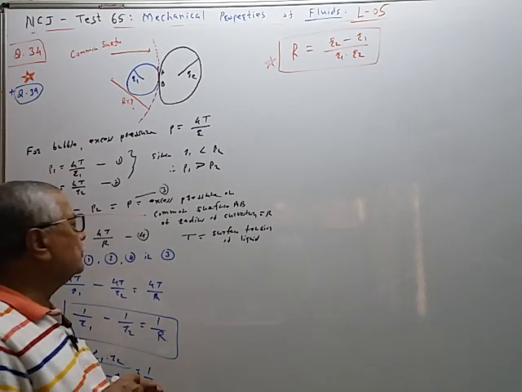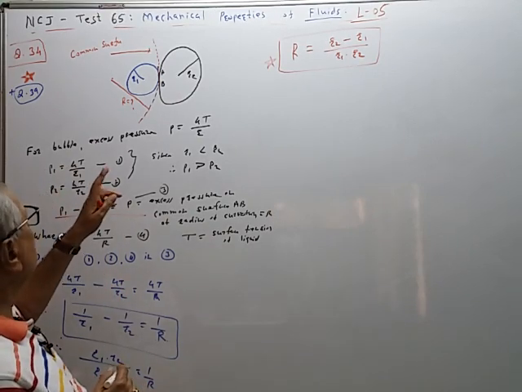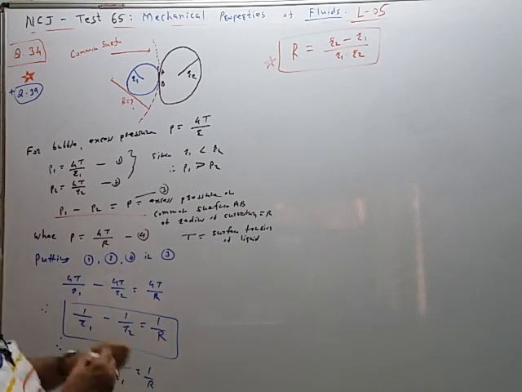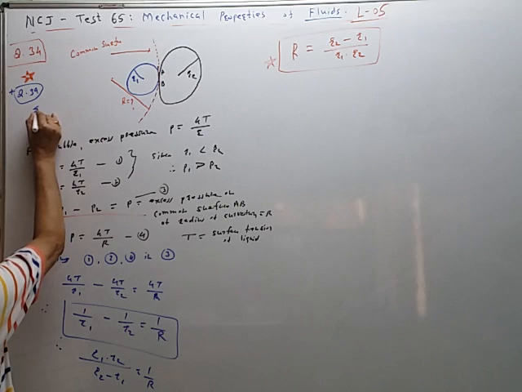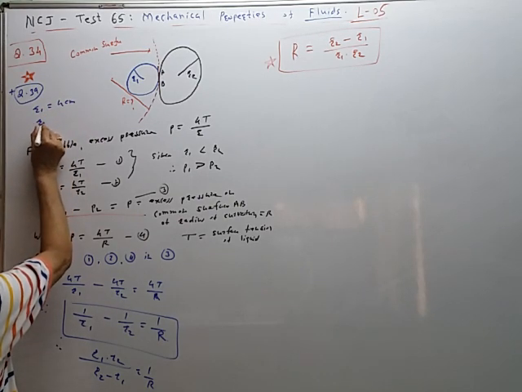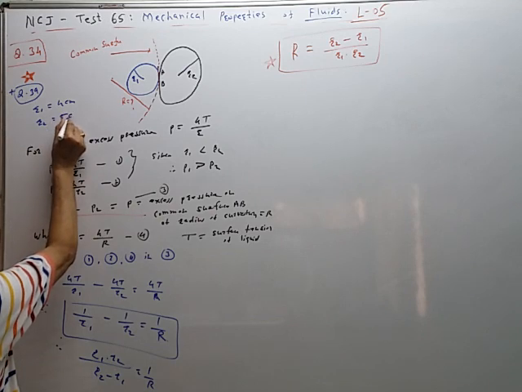So substitute the values. R1, R2 are given in centimeter. R1 is equal to 4 centimeter, R2 is equal to 5 centimeter.